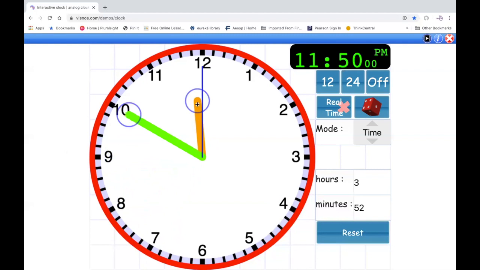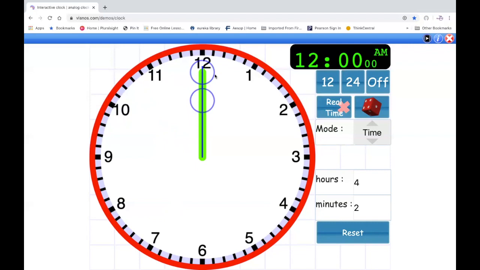It looks like my hour hand's getting close to that next hour, but it's not there yet. 11, here's 45, so I know this is 50, so it's 11:50. And the next 5 is 11:55. And now I am at 12. So that is how we tell time to the 5 minutes.